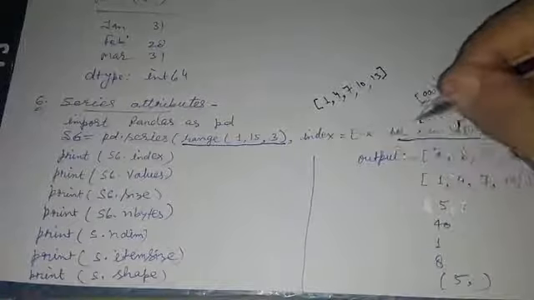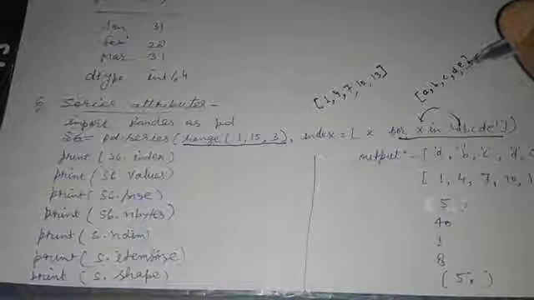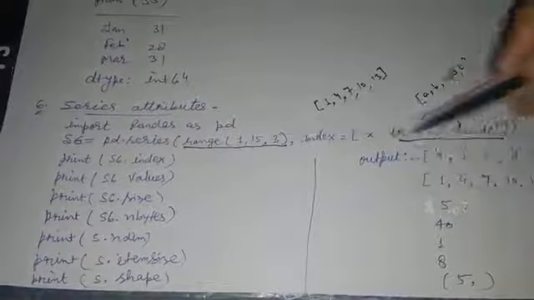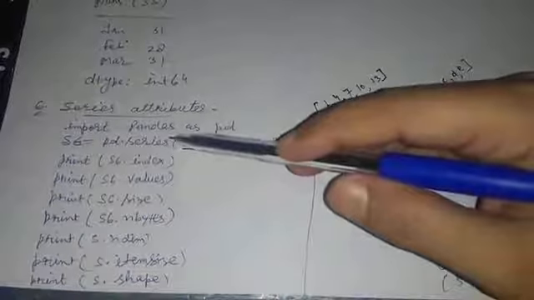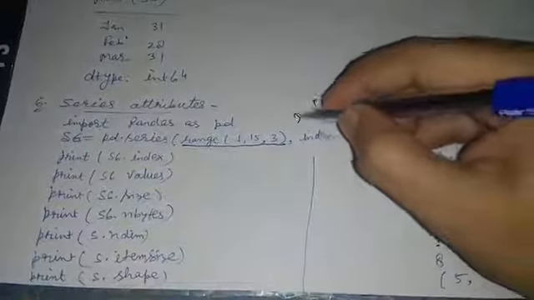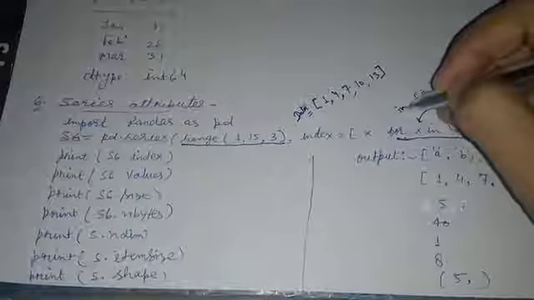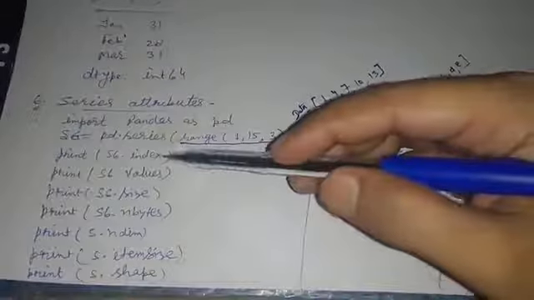So this iteration will produce a list like that. We have passed these two arguments to the Series function, so it will create a series of data and index.